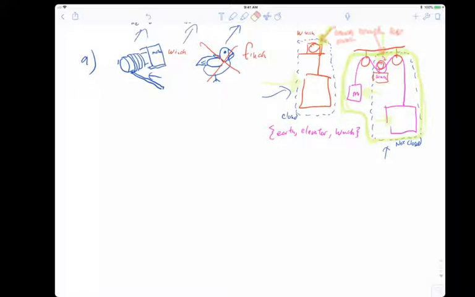The question's asking about the gravitational potential energy of the elevator. And in the first case, delta GPE is equal to the energy consumed by the winch.